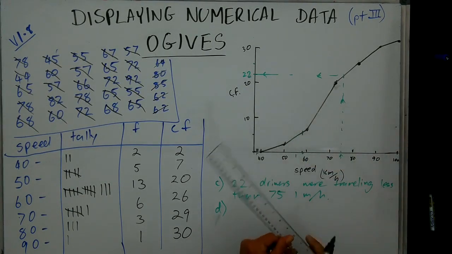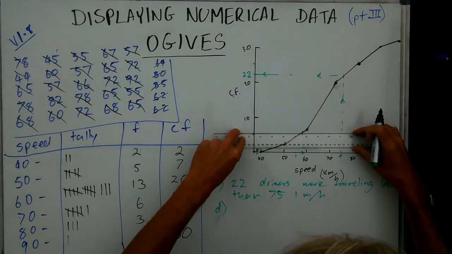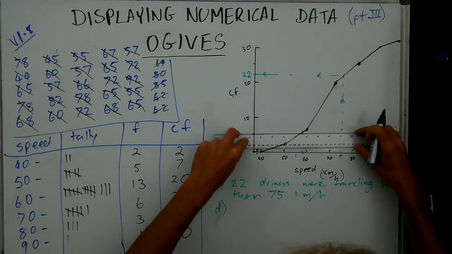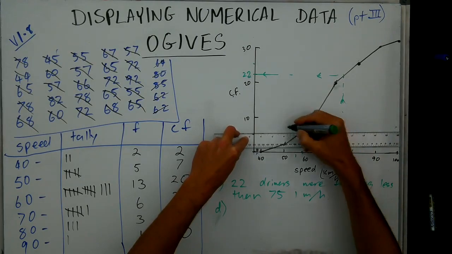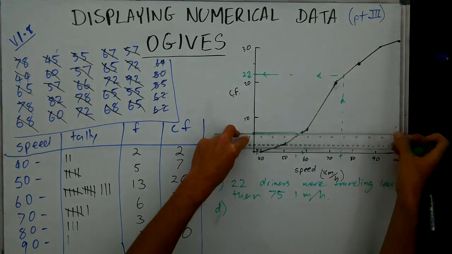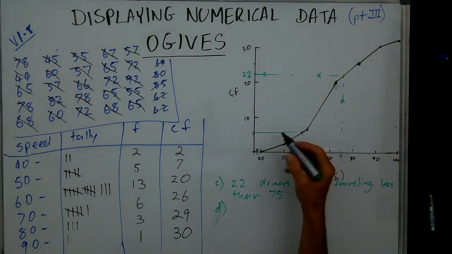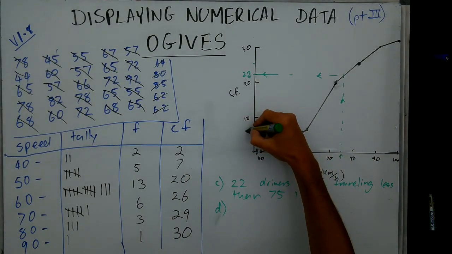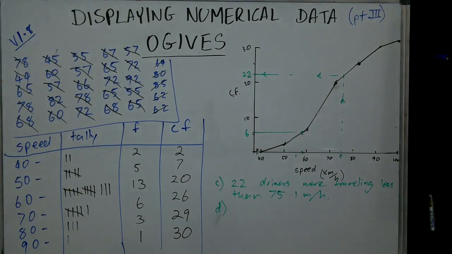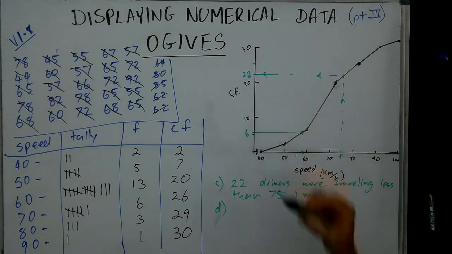Across the graph about there. So my line's a little bit wonky. I'm going to say that's maybe about 6. It was a bit more that way.